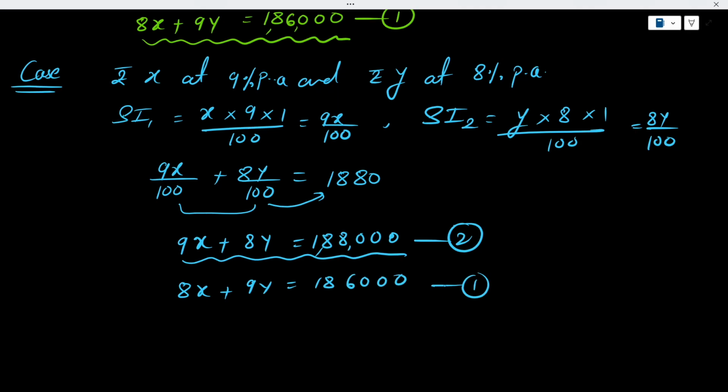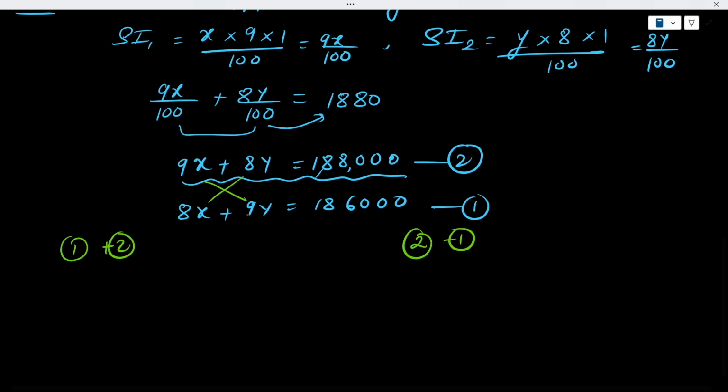This is my equation 1. You can see that the coefficients are the same, so you can add 1 plus 2 one time, and then you can also subtract 2 minus 1. If your coefficients are the same, here 9 and 9 for x and y, then you can add and subtract and follow that method, because the right-hand side values are big.